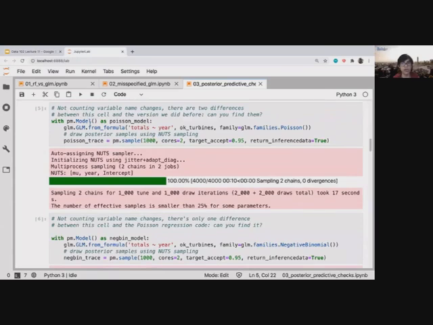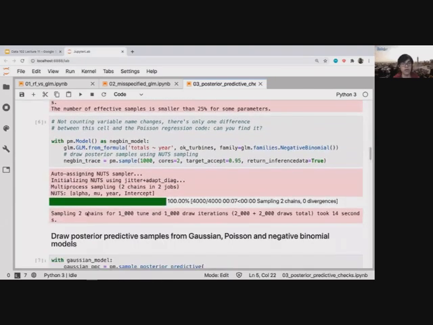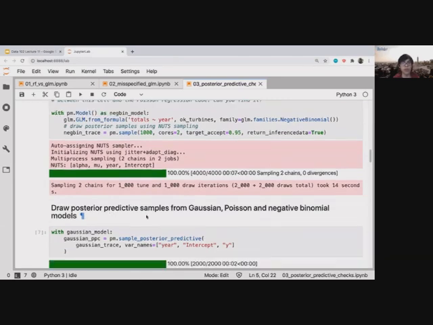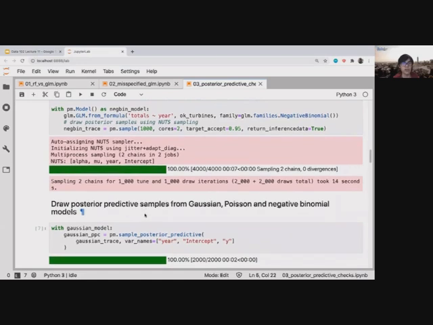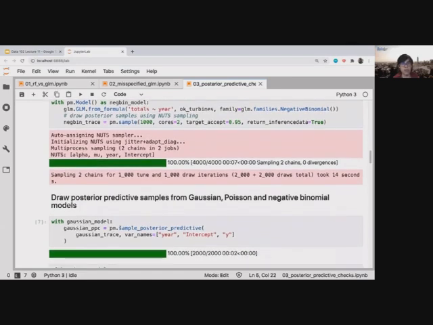All this code is copied and pasted from the lecture notebook from lecture 10. What's new over here is that we want to do a posterior predictive check, so we need to draw samples from the posterior predictive distribution. It turns out that this is very easy using PyMC3, because PyMC3 has this sample_posterior_predictive method.